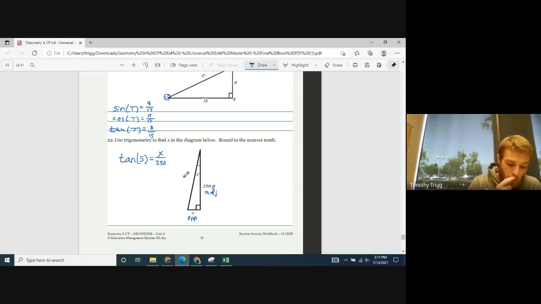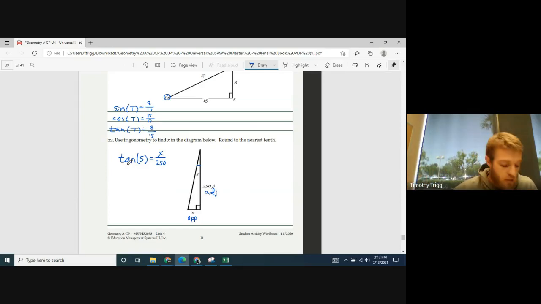Now in your calculator, you want to do tangent of 5, but make sure your calculator is in degrees. If it's in radians, it won't come out right. So if you do tangent of 5, now I know it says round to the nearest tenth, that's the first decimal place, but I always go at least one decimal place more when I'm doing my work.